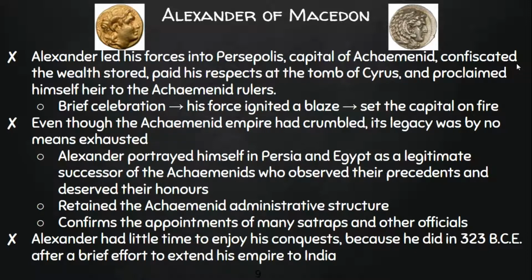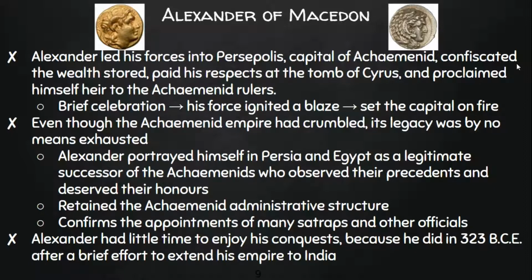He retained the Achaemenid administrative structure, and he confirmed the appointments of many satraps and other officials. So even though Alexander came in to conquer this area, he pretty much kept the same government structure that was in place before his time, because he knew that it was incredibly successful.